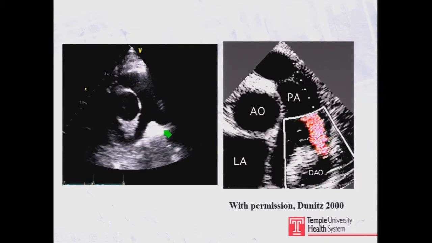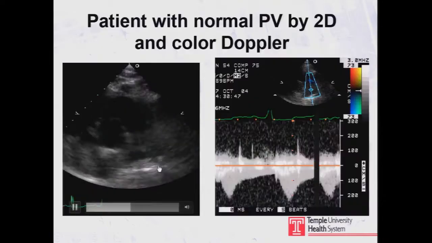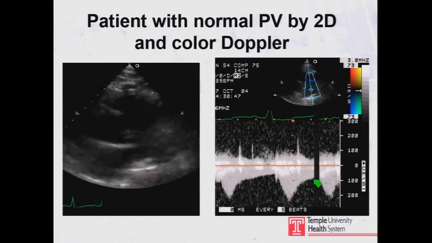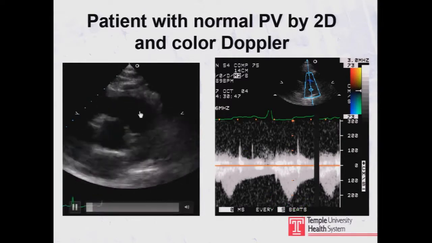The descending aorta in this view is right here, but in this picture, the descending aorta is right here, and here is a very large PDA. In 2D, you can sometimes be fooled if a patient has a huge PDA that you're actually looking at the left pulmonary artery. Why is this important? Here's a patient, I know the 2D is ugly, but the pulse wave above and below the pulmonic valve was normal, but look at this continuous wave Doppler across the pulmonary valve.